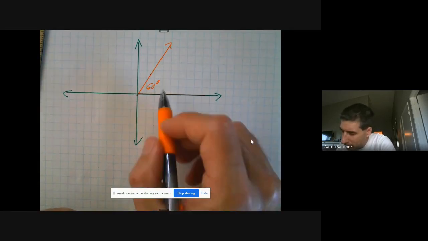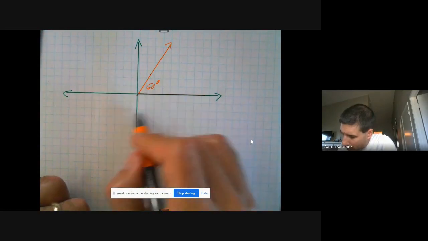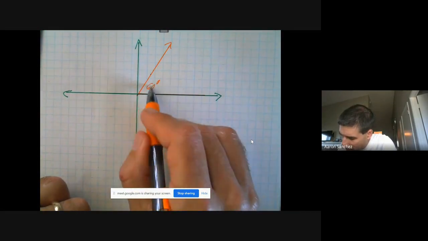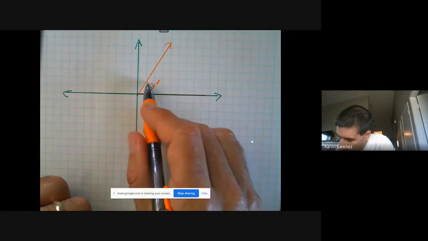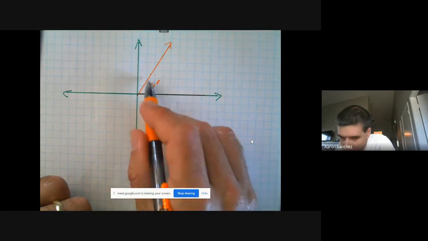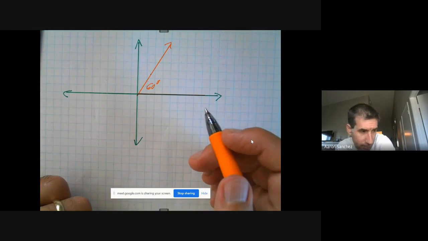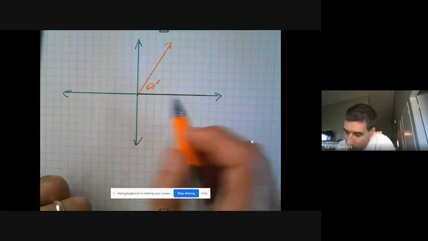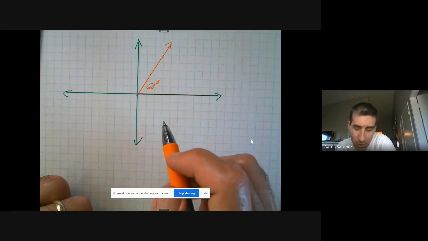So basically, what's another angle that I'd go all the way around, or I can go in this direction. They want a positive and a negative, right? So the way you do it is you go 360 degrees that way. All you do to find the two coterminal angles is you add 360 and you subtract 360.